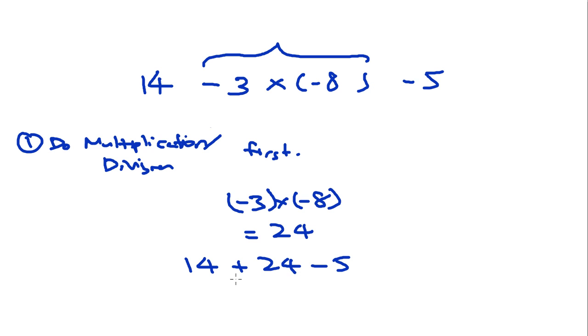From here you can then do the normal calculation, either by the number line or by your own calculation. 14 plus 24 equals 38, minus 5 equals 33. So that is how you do a sum. If it is a divide, it's the same thing. You have to do the division first before you can tackle the positives and negatives, and then you can do it left to right, or in any order you want.